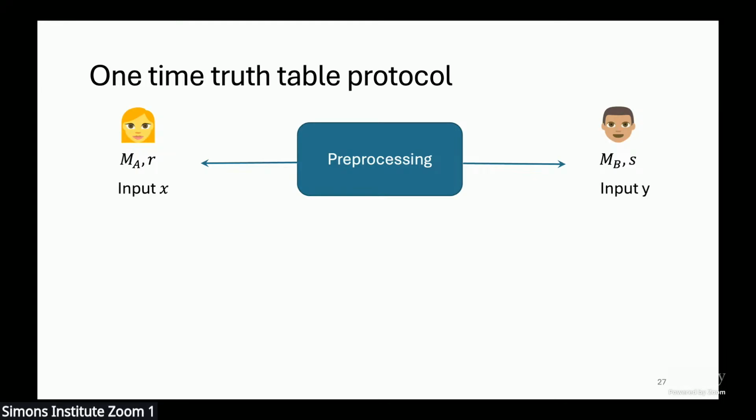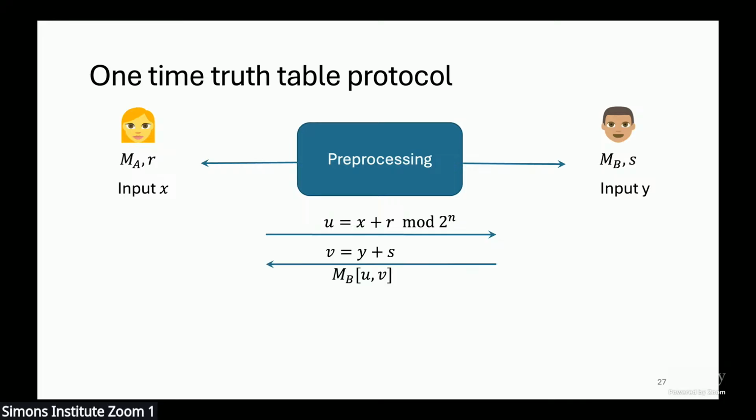Okay, so now how do we do the protocol? So Alice has an input X, and Bob has an input Y. Alice is first going to send her permuted input, permuted by this random shift R, by adding this modulo the number of rows. And then Bob is going to send his permuted input by adding this modulo S, so adding S modulo 2 to the n.